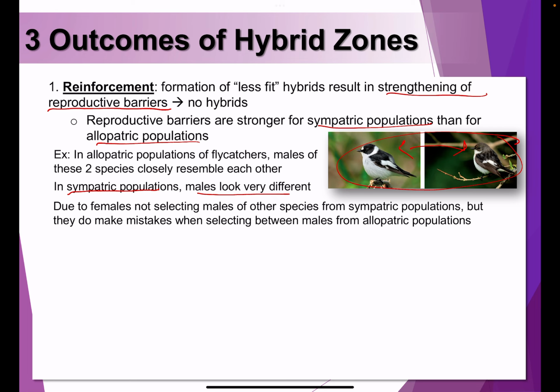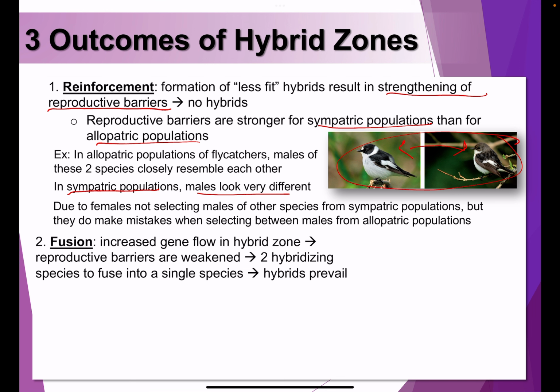So that's why reproductive barriers are usually stronger for sympatric populations, because they tend to look a little more different compared to allopatric populations. In these cases, whether we're talking about flycatchers or anything like that, barriers to reproduction are stronger or reinforced in birds from sympatric populations than in birds from allopatric populations, because birds from sympatric populations have males that look different from each other.